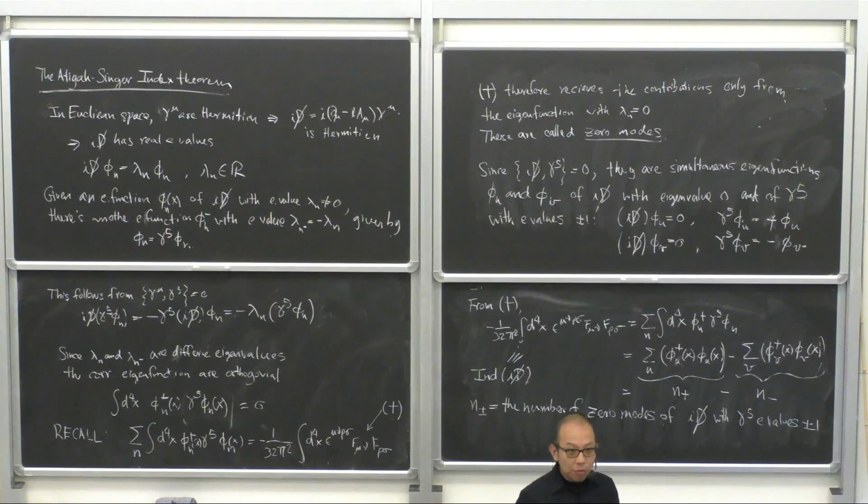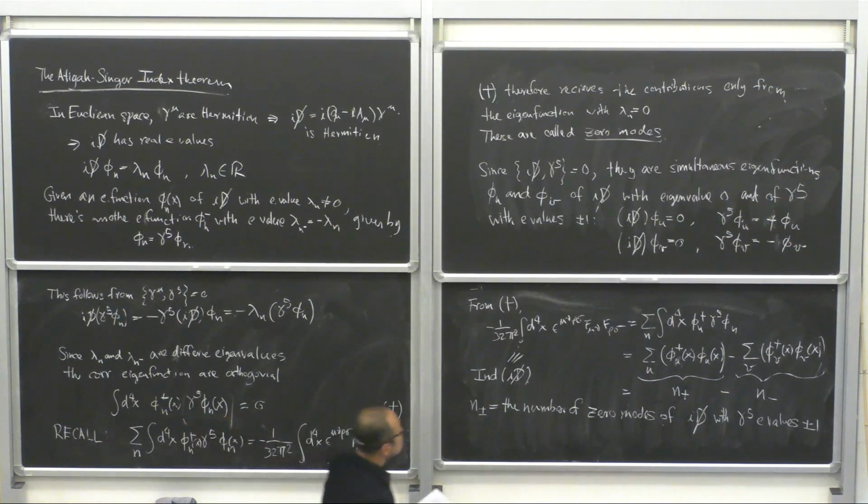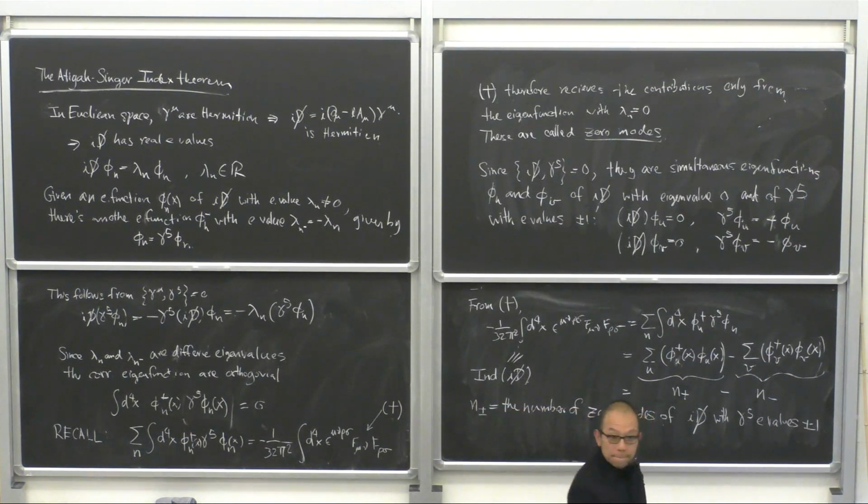Because gamma 5 squares to 1. Okay, so what's wrong? Ah, yeah, okay.